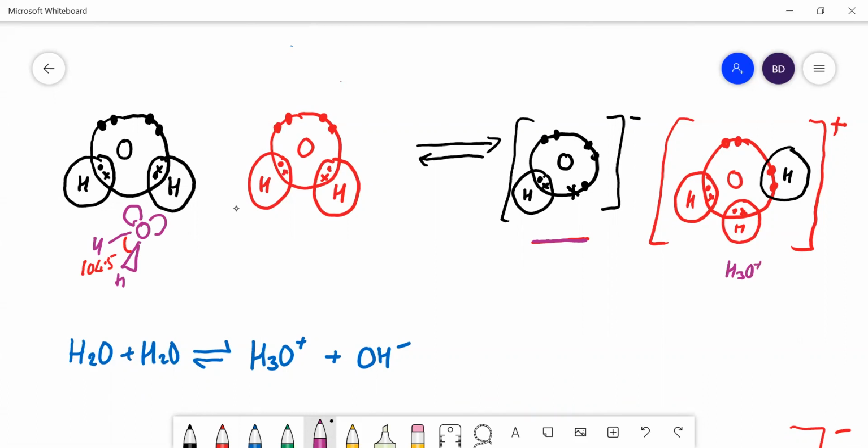Well, we have got three bond pairs and one lone pair. So it's like the ammonia molecule, isn't it? You're going to have oxygen, one hydrogen coming towards you, one going back into the paper, one in the plane of the paper, and we've got this lone pair here. So the shape is going to be trigonal pyramidal.